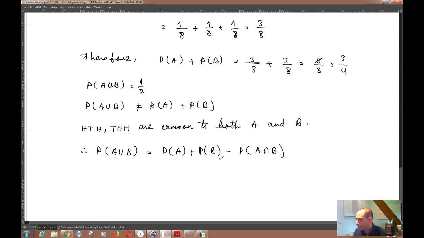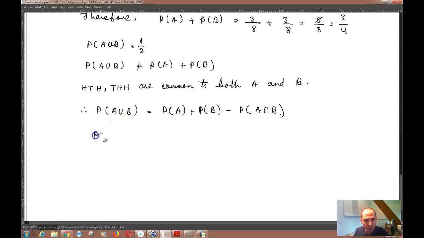Thus, to get the probability P of A union B, you have to subtract the probabilities of the sample points in A intersection B from P of A plus P of B. So P of A union B is equal to P of A plus P of B minus sigma P of omega i for all omega i belonging to A intersection B. You can write it in this way as well, of course.